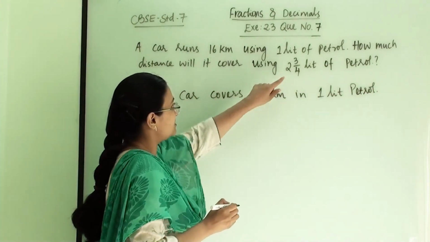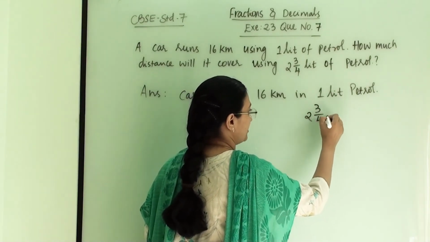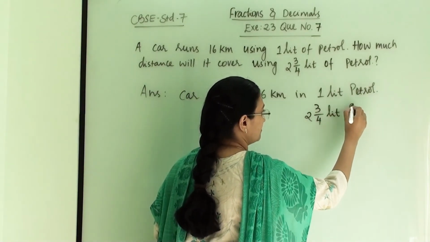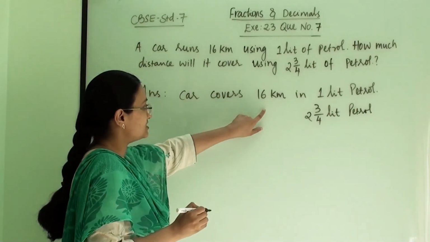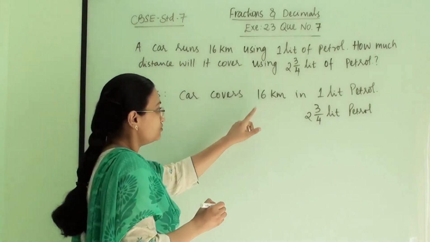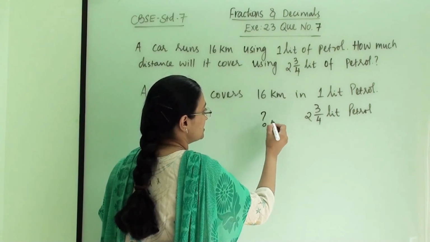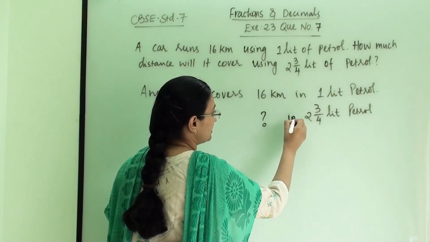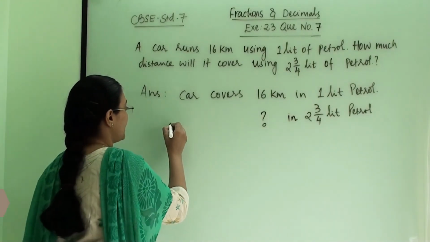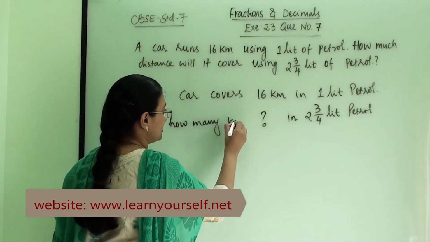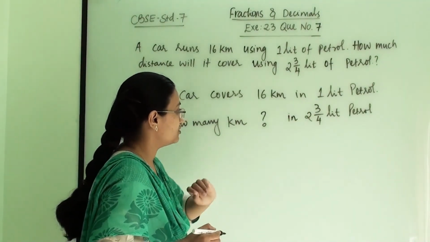Now we have 2 3/4 liter of petrol. Then how many kilometers will the car cover? So this is a kind of unitary method. So how many kilometers will the car cover in 2 3/4 liter of petrol?